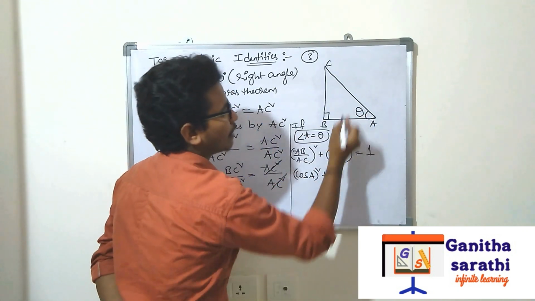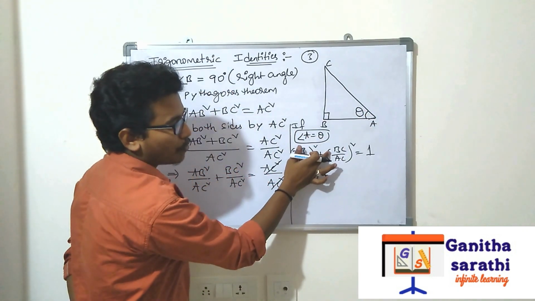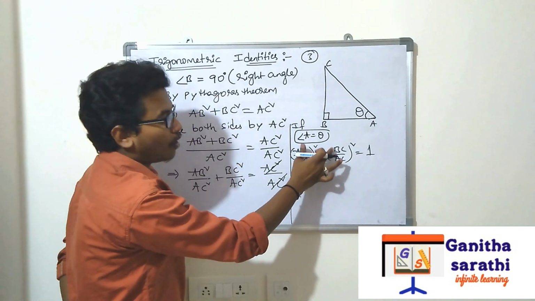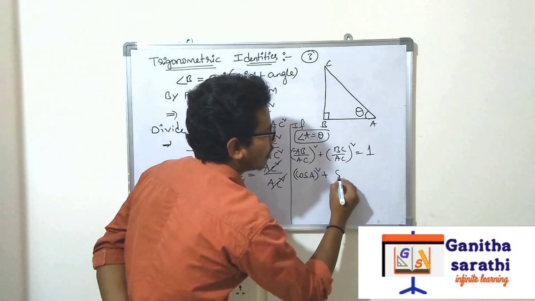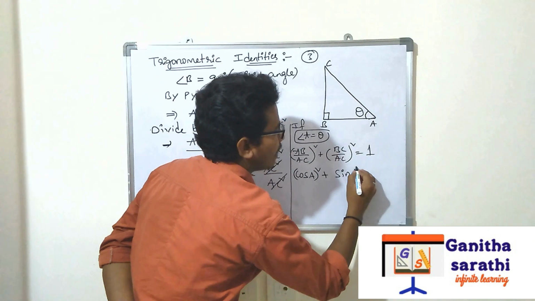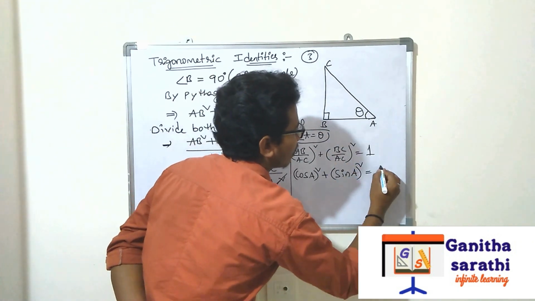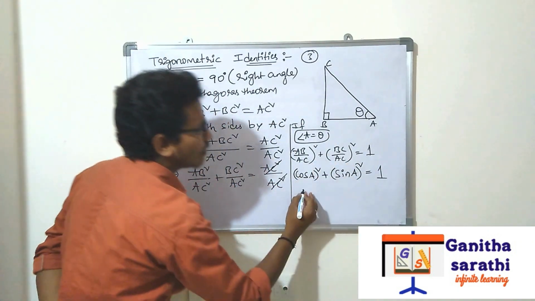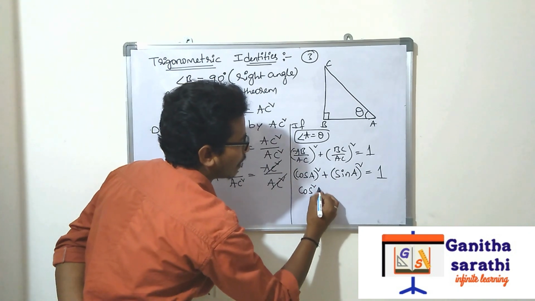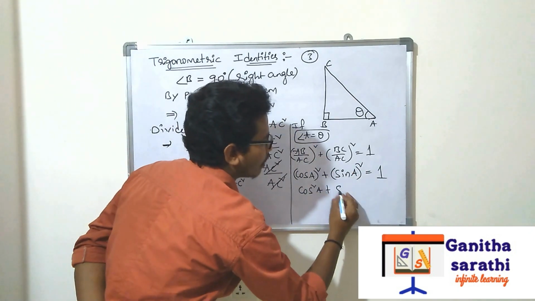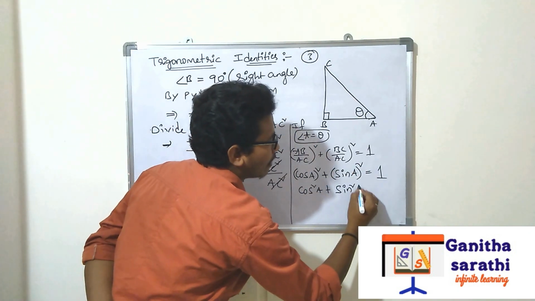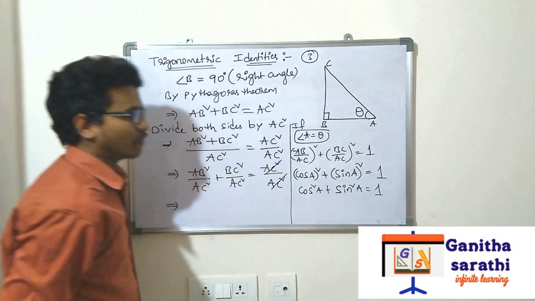BC is the opposite side and AC is the hypotenuse. Opposite side by hypotenuse means sine. So sin A whole square. A means nothing but theta here. Okay. So cos A whole square we can write as cos square A, and sin A whole square we can write as sin square A. That is equal to 1.